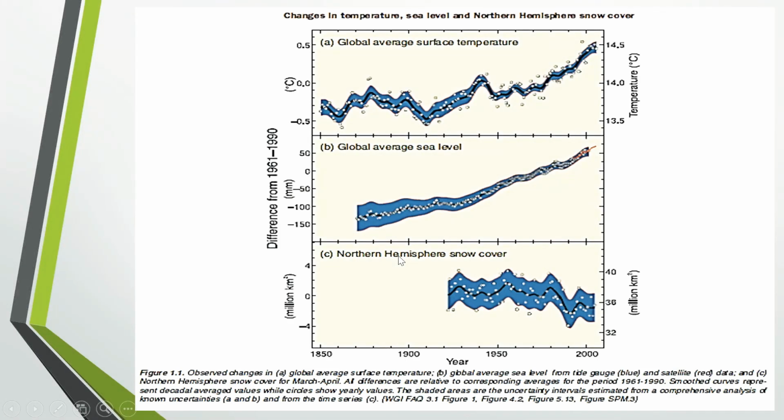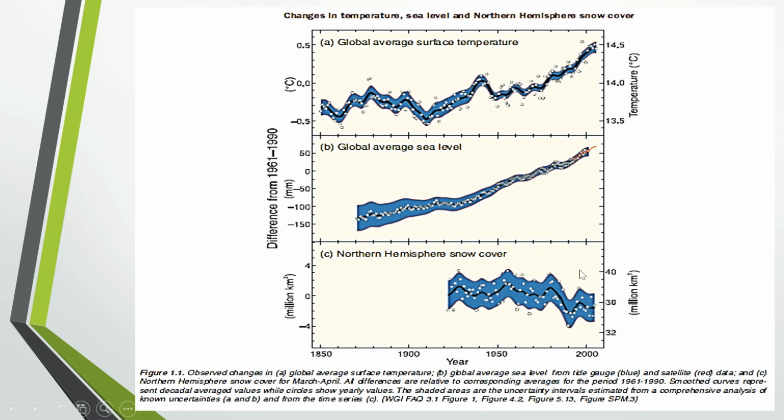So what are the effects? I have mentioned some already in the chart part. So the increase of sea level, obviously. The temperature increases and the snow cover decreases. Thus, the global sea level increases.